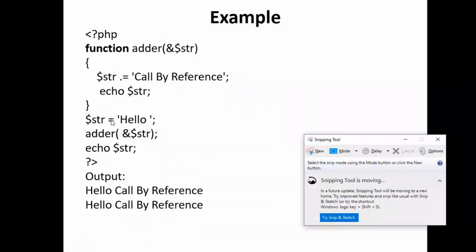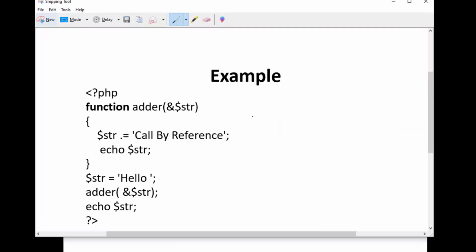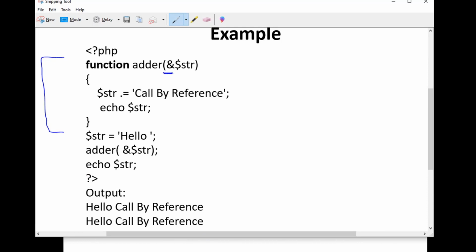Let's check an example. So in the example, this is the function. Function adder is there, and we have used the ampersand sign over here, meaning we are passing the value as reference, not call by value. And the same program, str equals to hello.